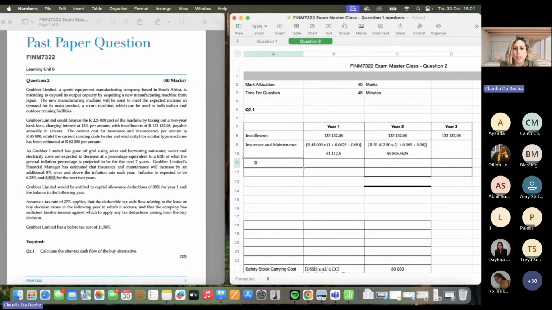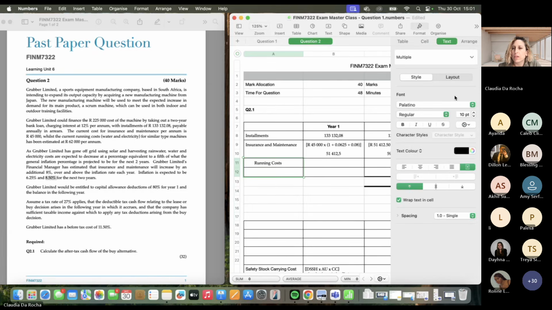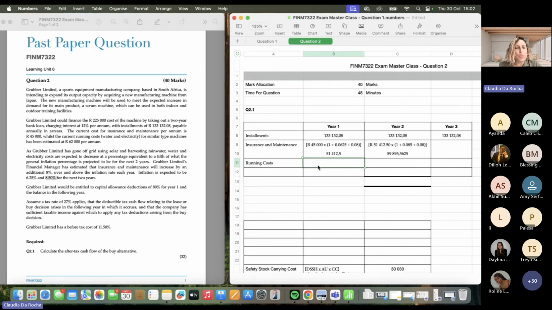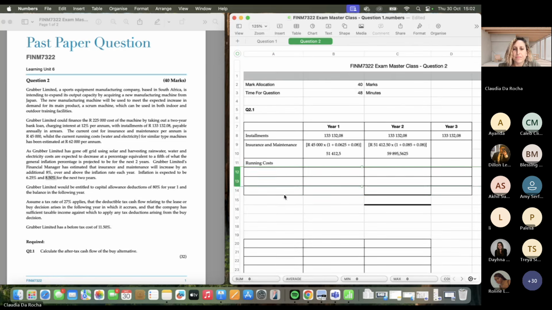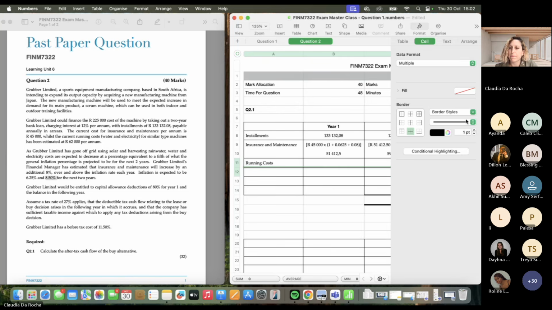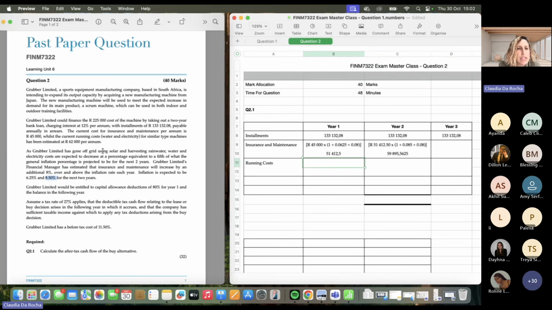The next one is our running costs, which is our water and electricity. With our running costs, we know that the running costs are 62,000 Rand.